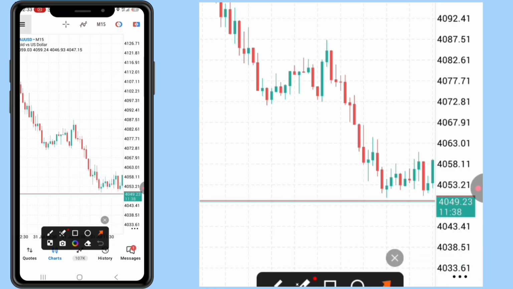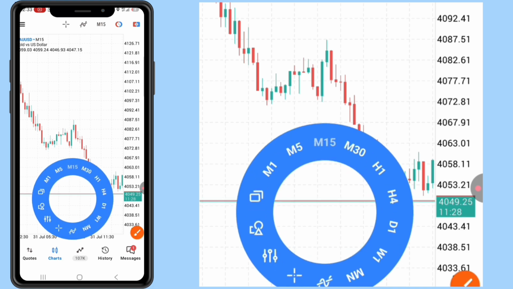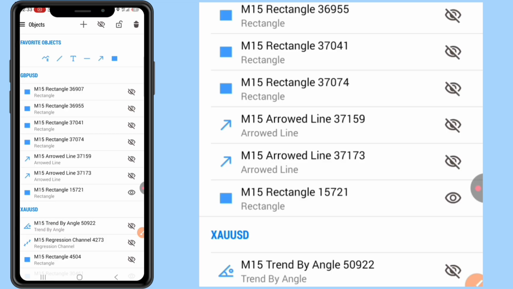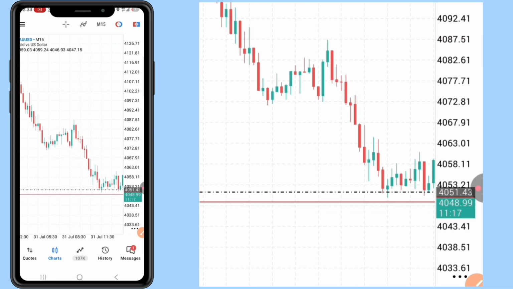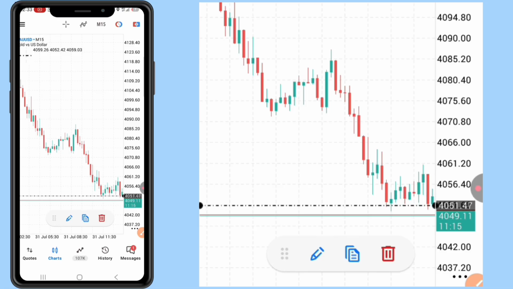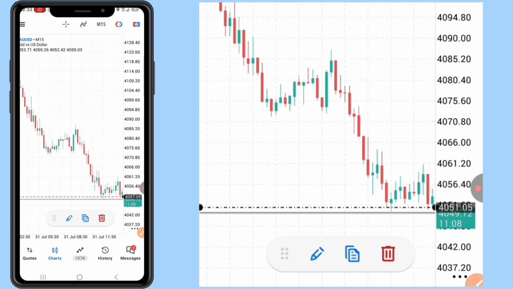Now, to identify support and resistance, I have to first consider the current market price. So I am going to locate resistance and support. Where you're seeing this dotted black line right here, that was support, because there was a conflict of buyers and sellers around this area.